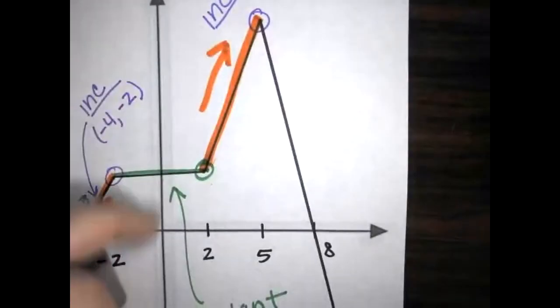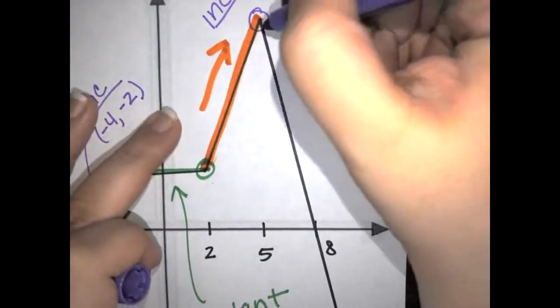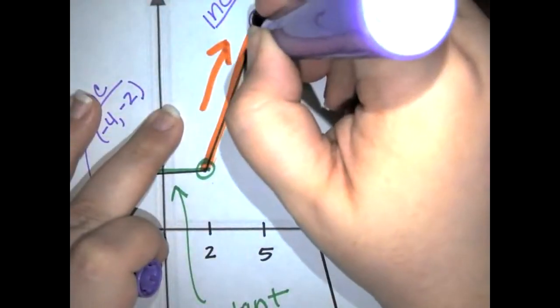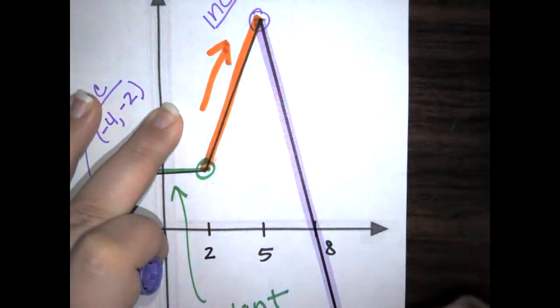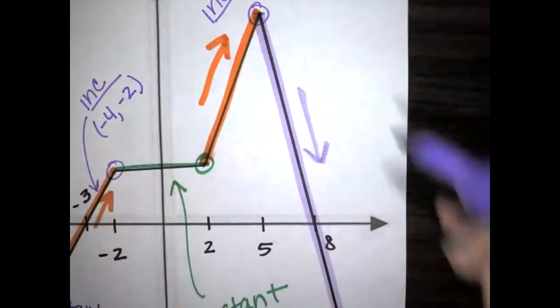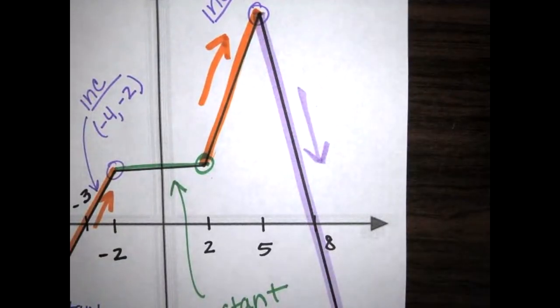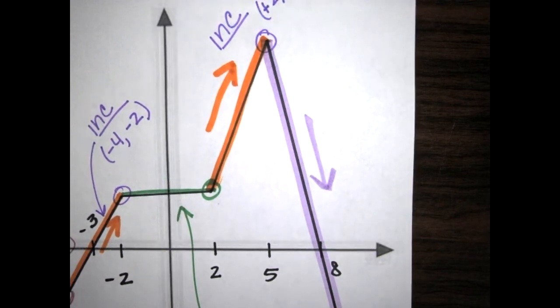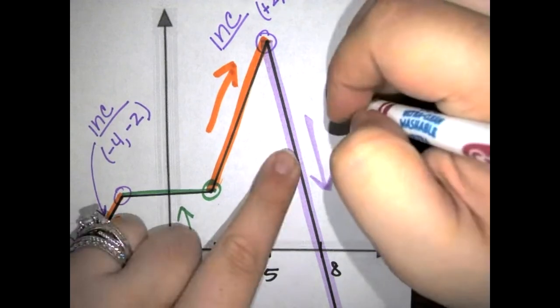To do the last part, I need to put my pen right where I changed directions, and again I'm going to draw. In this case I'm going in a downward motion, pulling my pen towards the bottom of my table or desk. So this one has a decreasing component.